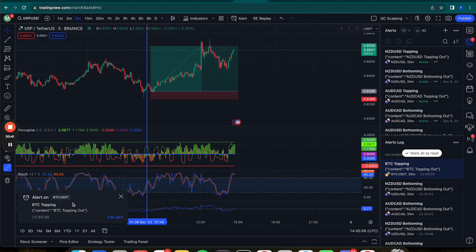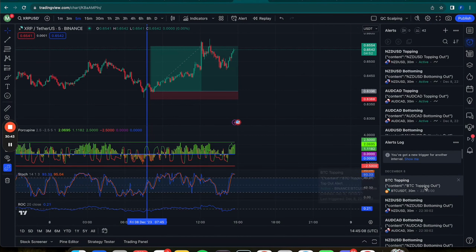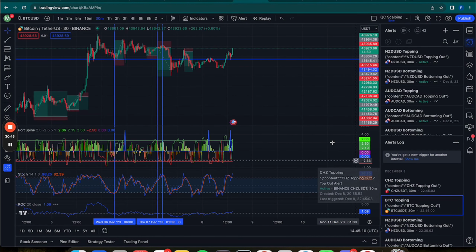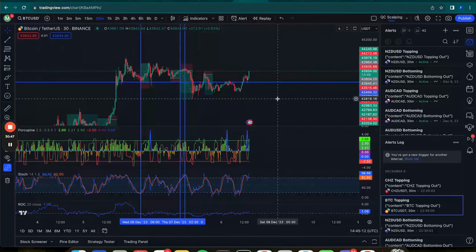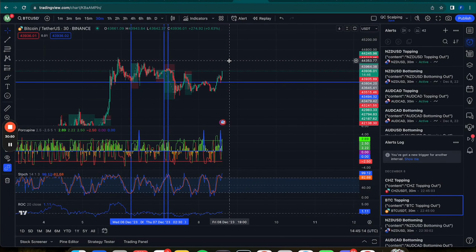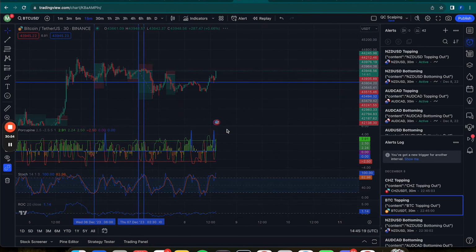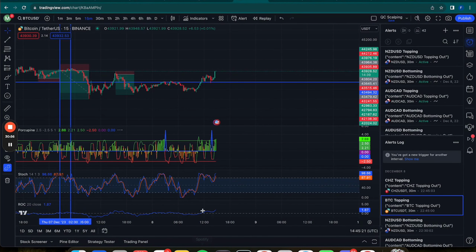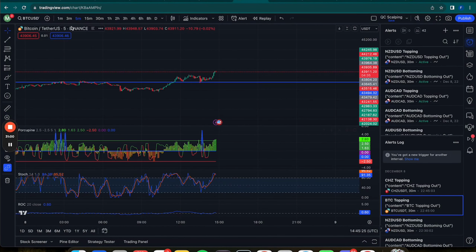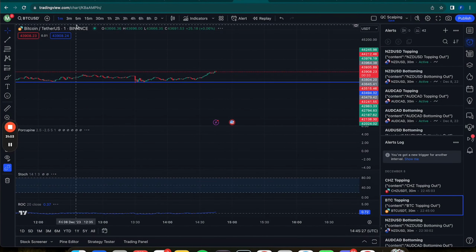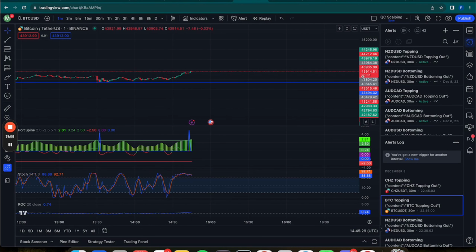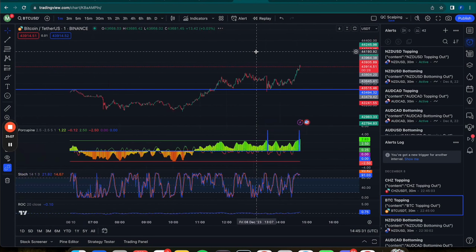So right now, take a look at BTC topping here. Yeah, so right now the 30 minutes topped, 15 minute is topped, still up though. 5 minutes topped, 3 minute, 1 minute, all of them are topped, but we are in a pretty bullish situation.